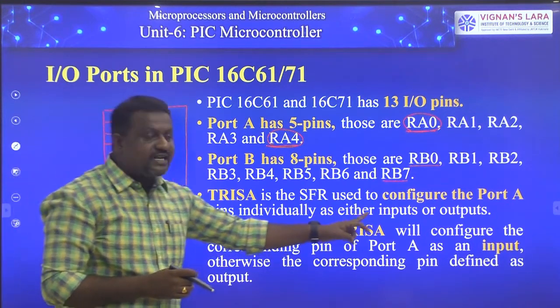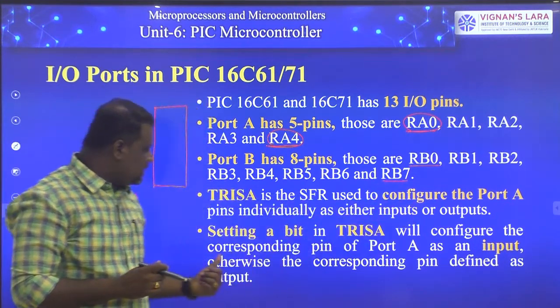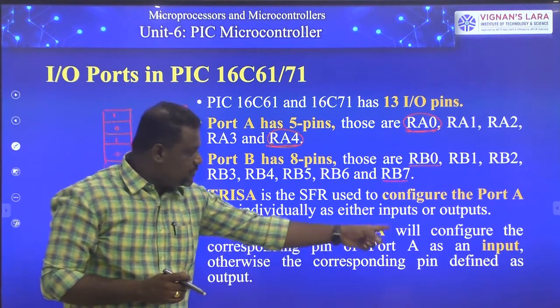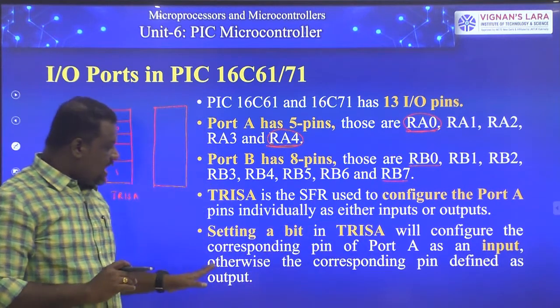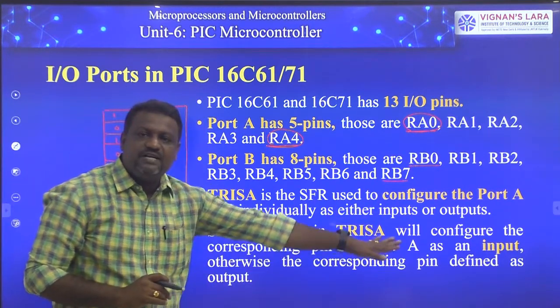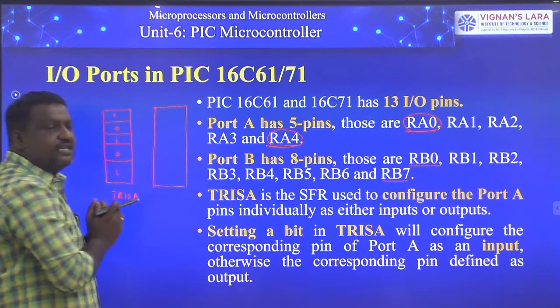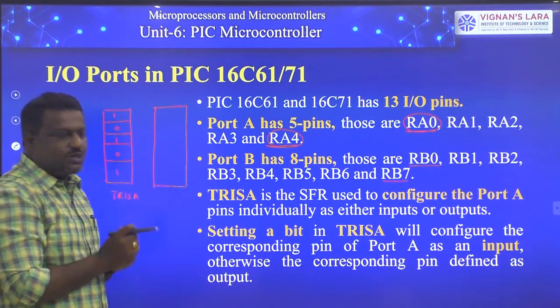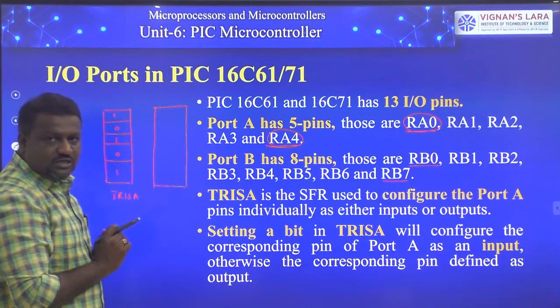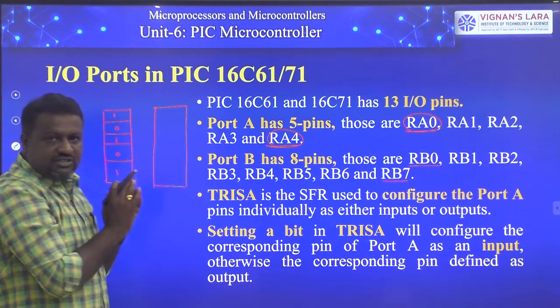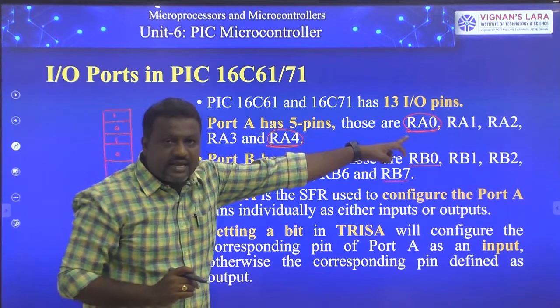Setting a bit in TRISA will configure the corresponding pin of port A as an input, otherwise the corresponding pin is defined as output. See here friends, some of the bits of TRISA I make logic 1. This is the bit which is helpful for me to program RA0.